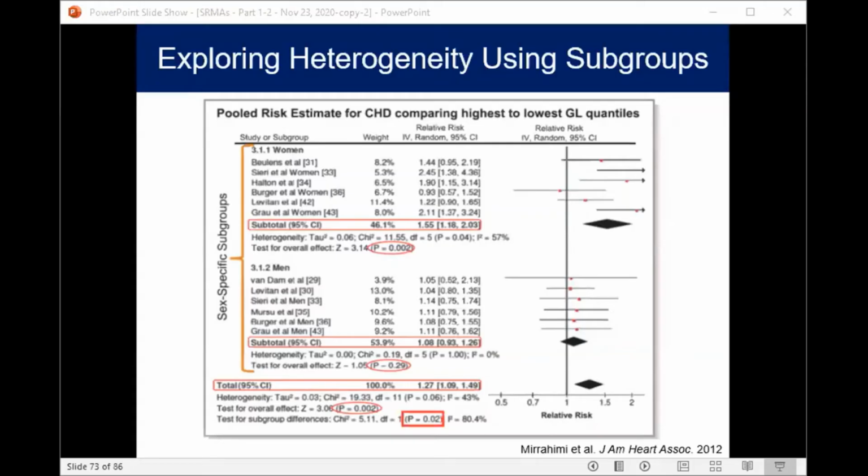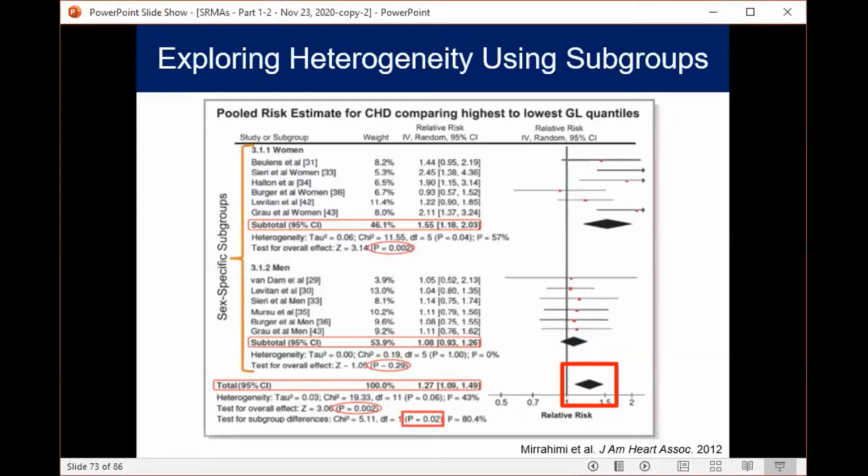Here's an example from an SRMA done by our group, which helps to demonstrate the importance of subgroup analyses. What is important to know in this context is that it was determined a priori to conduct sex-specific subgroup analyses because of possible differences in effect between men and women on risk of coronary heart disease.